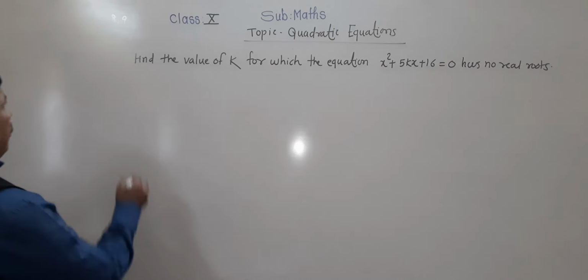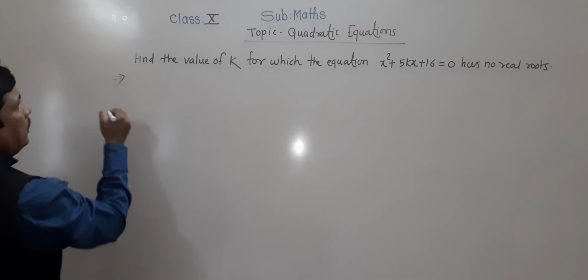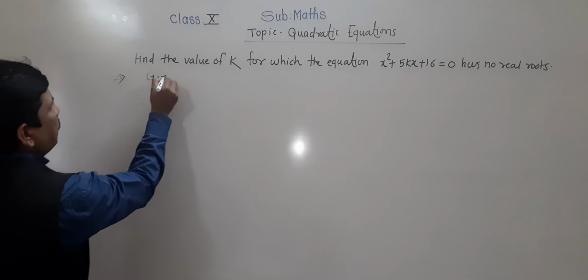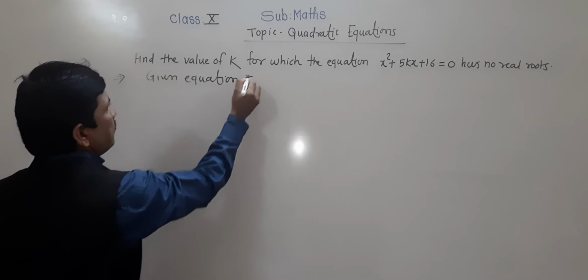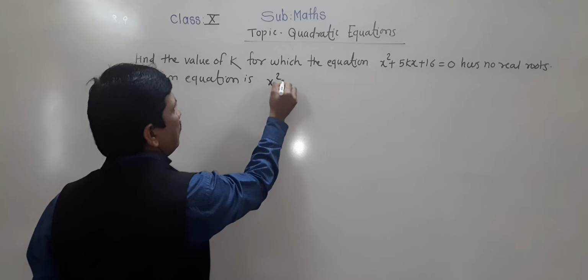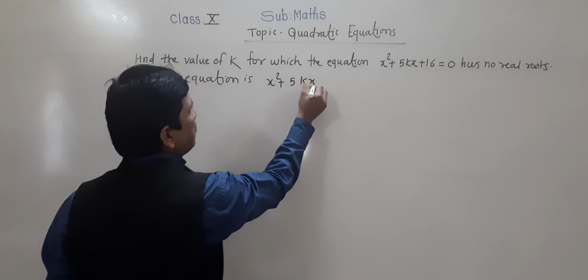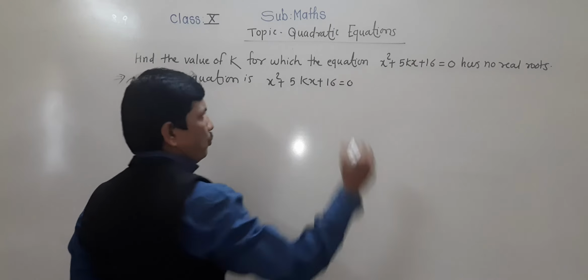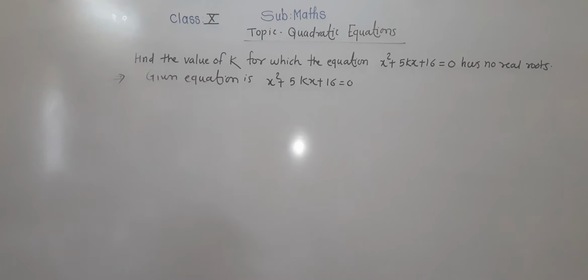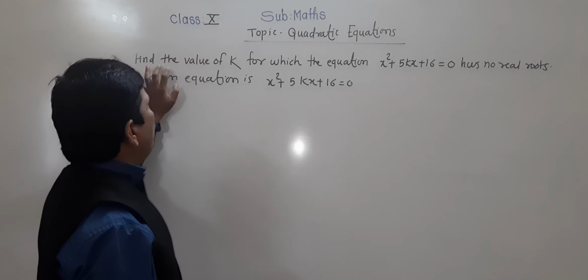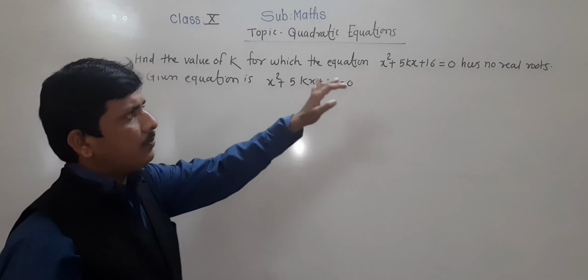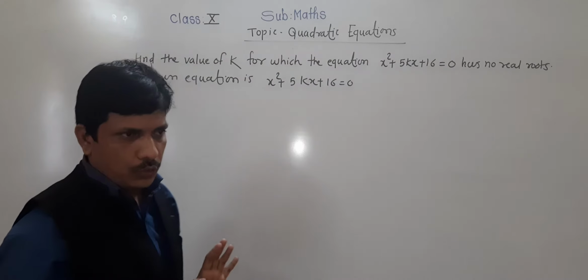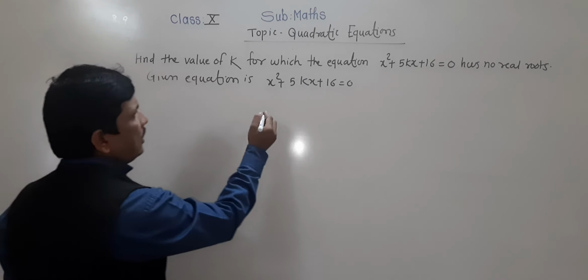Okay, so see carefully. The given equation is x square plus 5kx plus 16 is equal to 0. This is the given equation. Now find the value of k for which the equation x square plus 5kx plus 16 has no real roots.